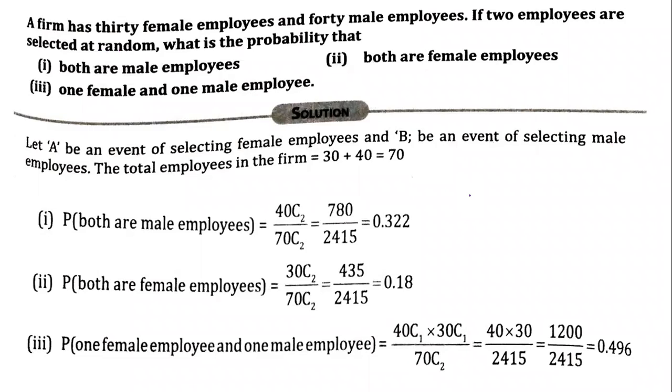If two employees are selected at random, so this selection of employees is also important, what is the probability of getting two males, whoever two of them they have selected, what is the probability of getting two female people, and what is the probability of getting one male and one female.